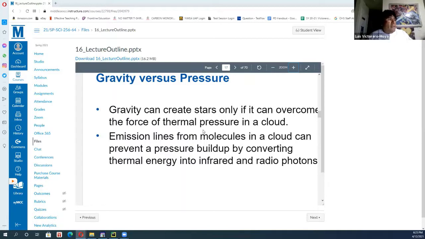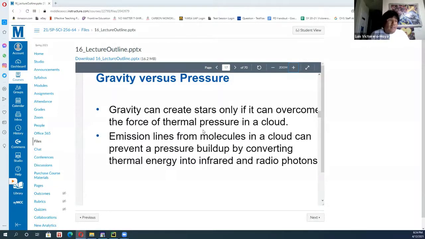Remember that gravity can create stars only if it can overcome the thermal pressure in a cloud. So the cloud, even though it's cold, 10 kelvins, 30 kelvins, has a lot of atoms. It has a large density, right? And you need to have enough gravity to overcome that thermal pressure inside the cloud, right?